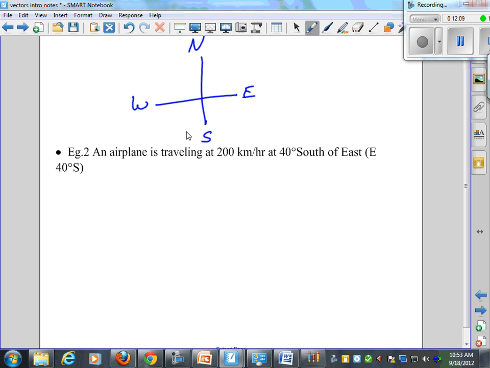News. Now, believe it or not, most people know north and south. East and west, usually once a year I get someone getting them backwards. I don't know how. It happens.